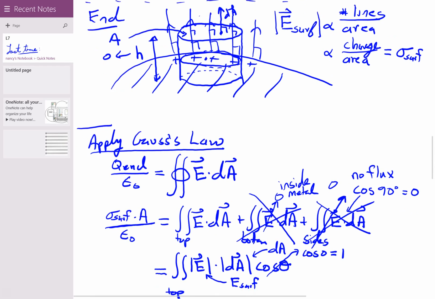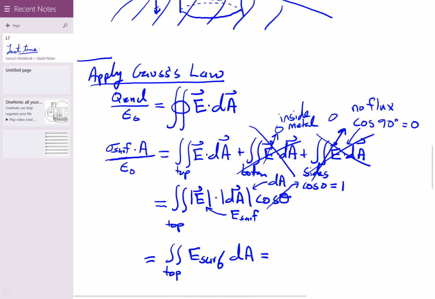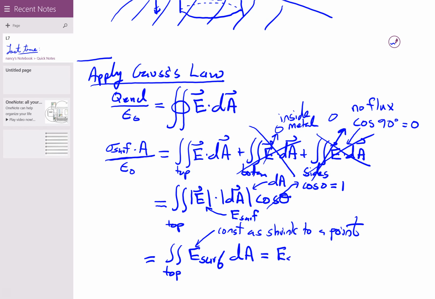So that's just a fancy way of saying I'm going to shrink this thing very small so that the electric field is going to be nearly constant over that surface, constant as I shrink to a point. And since the electric field is constant, of course, I can factor that out.